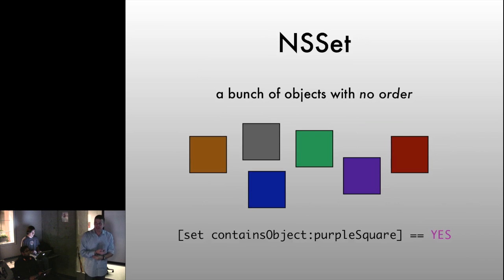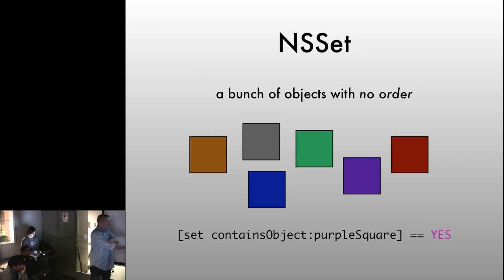NSSet is the other collection type. It is a collection of objects that are not in any order. If you add a bunch of objects to an NSSet, you're not guaranteed to get the same objects back out in the exact same order. So what you use instead is more akin to a key-value pair, and we'll talk more about these later when we start talking about dictionaries.